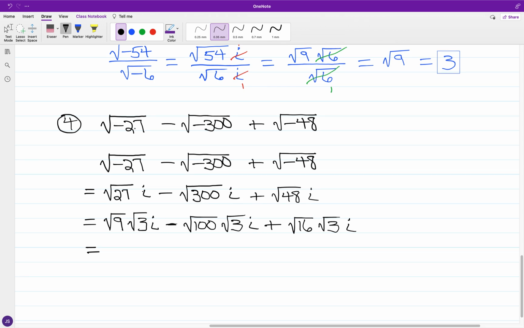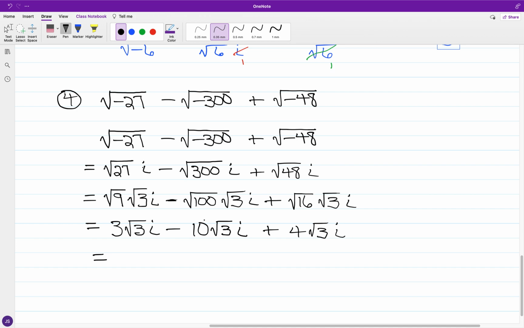So the square root of negative 27 will translate to 3 times the square root of 3 times i. And for the square root of negative 300, you have the square root of 100, which is 10, times the square root of 3 times i. For the square root of negative 48, again, the square root of 16 is 4, times the square root of 3, and we have times i. And if you notice, for this trio, all of these are in the letter i.